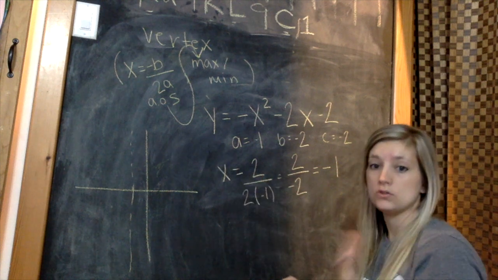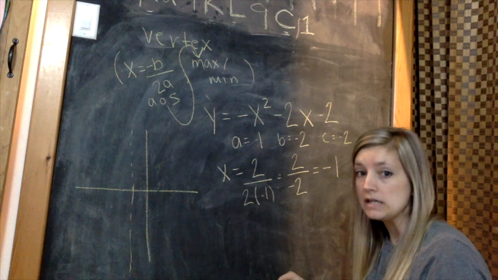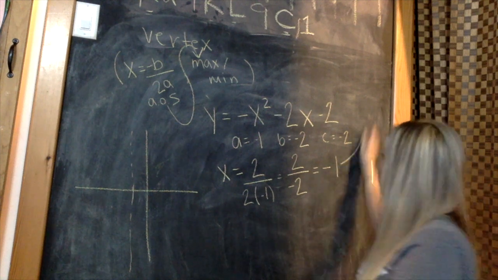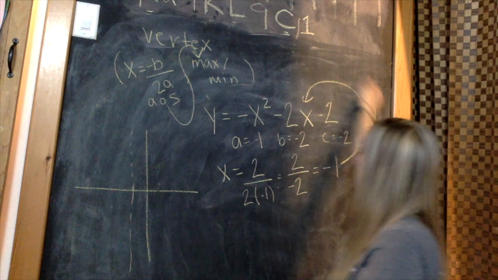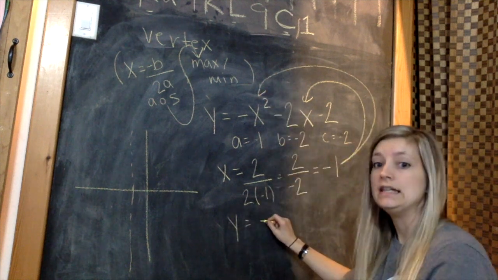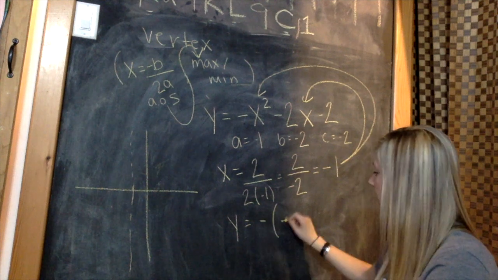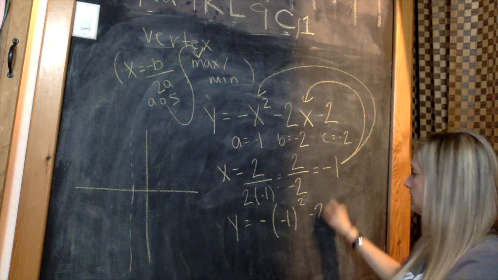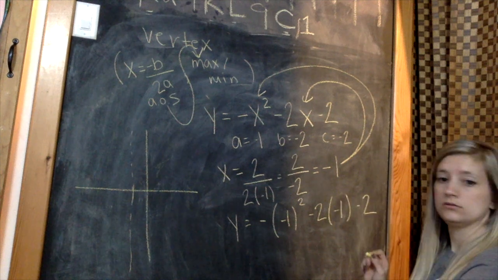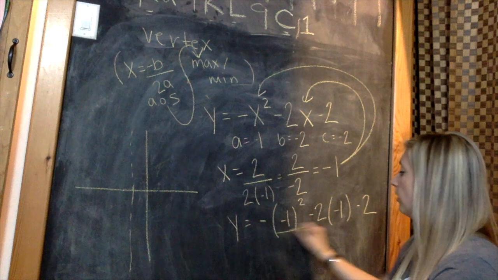Our y is going to lock it in at the top of our parabola, okay? So we're going to plug it in. So I have y equals negative, now we're going to plug it in, negative 1 squared minus 2 times negative 1 minus 2, okay? So I have to follow the order first.